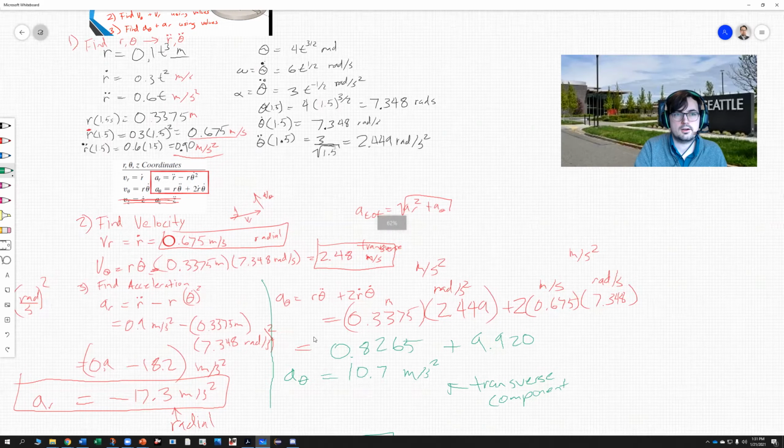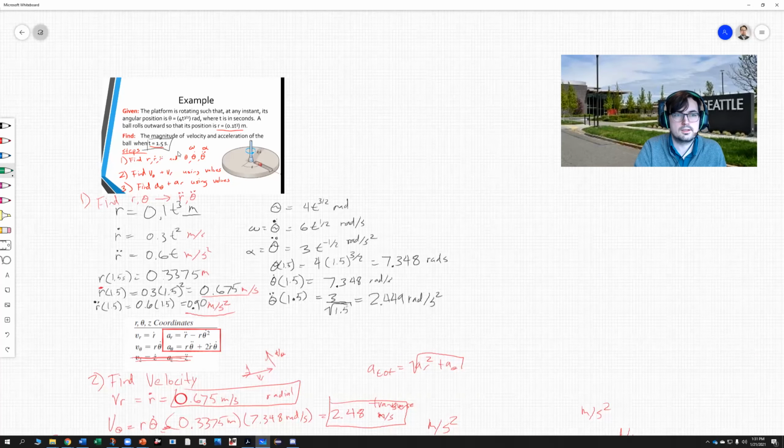All right, so taking a look at our problem, we were asked to find the magnitude of velocity and acceleration. The first steps are to find the r double dots, and theta dot, theta double dots, which we could also think of as omega and alpha. Once we have those, we find those derivatives first.